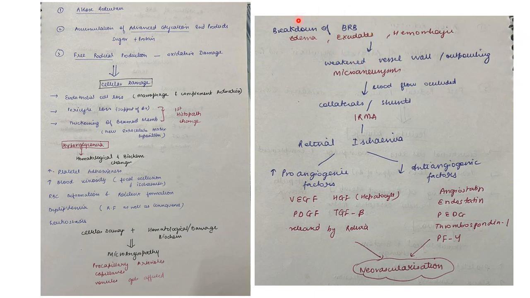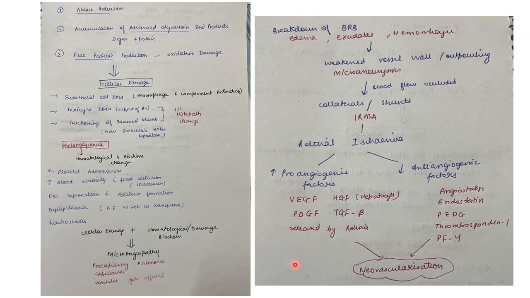Here again, the same thing, breakdown of blood retinal barrier leads to edema, exudates, and hemorrhages, weakened cell wall, outpouching, leading to microaneurysms. So here she has explained the pathogenesis at the cellular level, and here she has explained the signs of diabetic retinopathy, that is edema, exudates, hemorrhage, microaneurysms, IRMA, neovascularization. So the underlying mechanism of the signs.